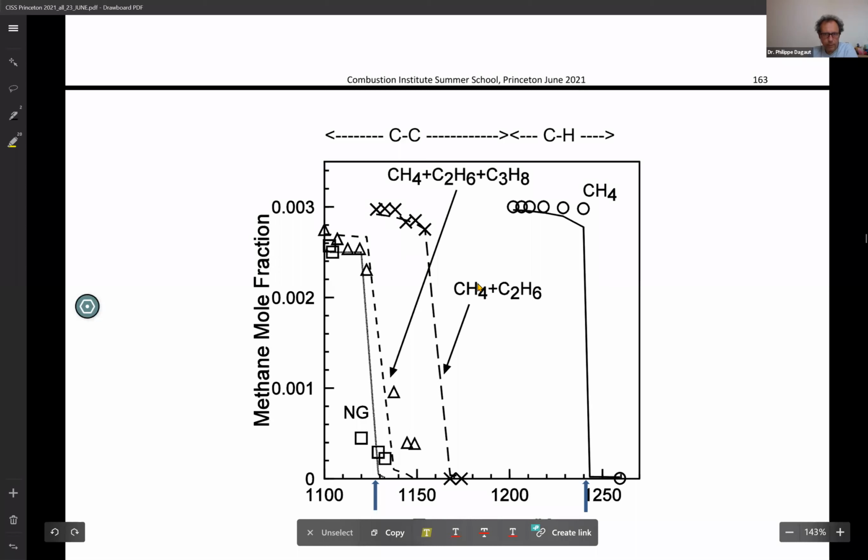This is the same component that we plot here. So much higher reactivity when you have the presence of more reactive species. And what I didn't mention also is that these additives are at much lower concentration. It's 10% of the fuel mixture.